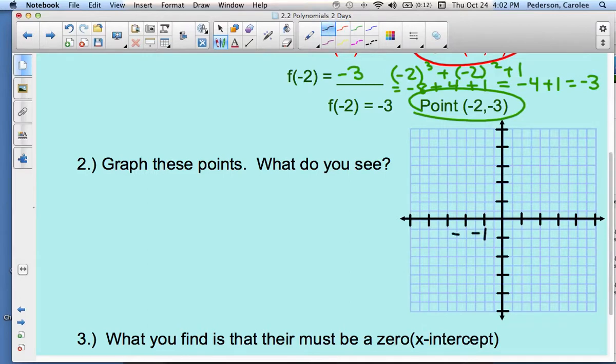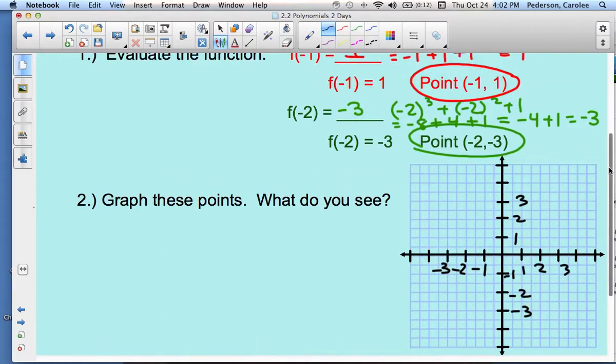So negative 1, negative 2, negative 3, 1, 2, 3, 1, 2, 3, negative 1, negative 2, negative 3. So our first ordered pair we'll graph is that red one, negative 1, positive 1. So left 1, up 1. Then our second ordered pair is negative 2, negative 3.